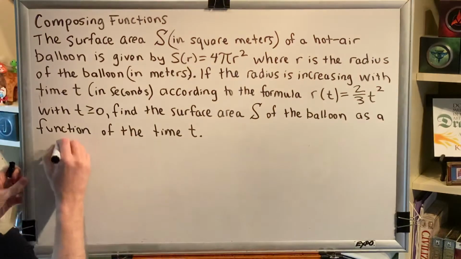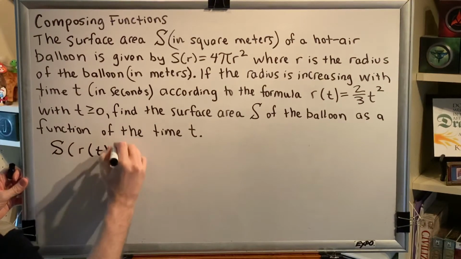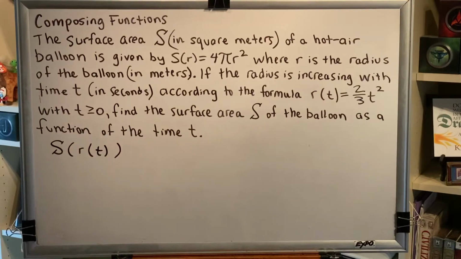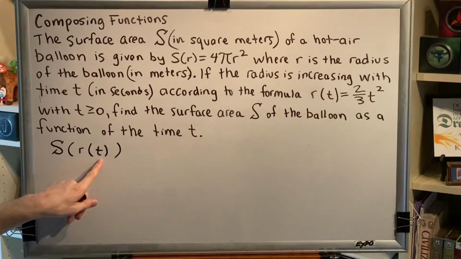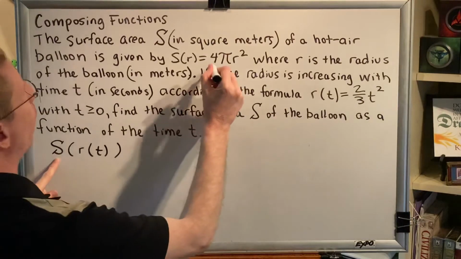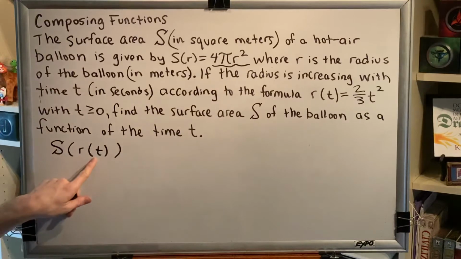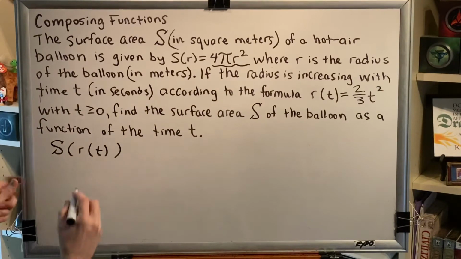Okay, so S of r of t. So notice that we have a variable as our inside, and therefore we're going to work from the outside in. We start with function S, and specifically the right-hand side, but everywhere we see r, we're going to put r of t in its place.